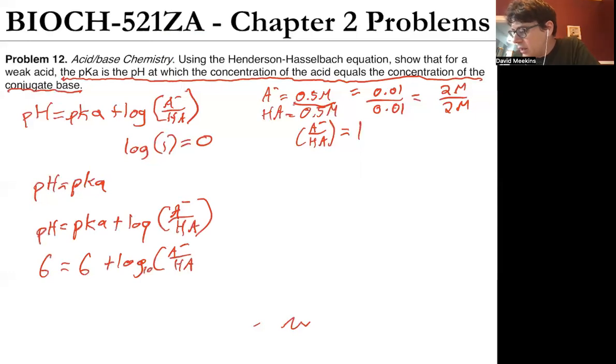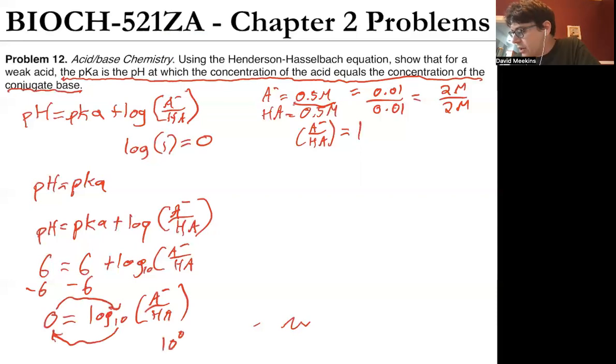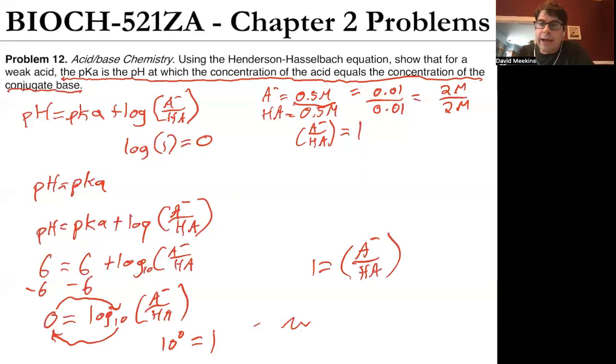If you subtract 6 from either side, you get 0 equals the log base 10 of the conjugate base over the acid. If you find the anti-log of that, that's 10 to the 0, which equals 1. So 1 equals the ratio of the conjugate base over the acid.